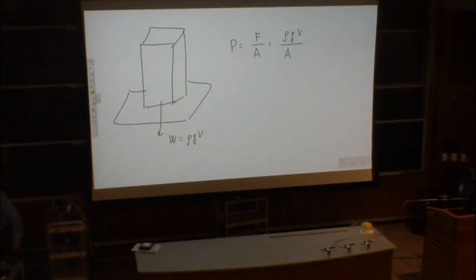And now I want to write this again. If we divide the volume over area, what's left? We use numbers to calculate the volume, but we can do some algebra sometimes, right?